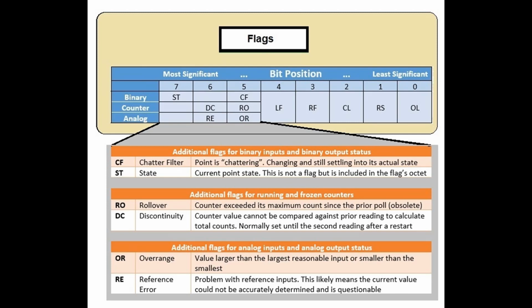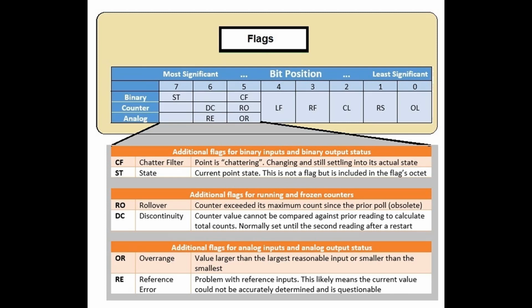Normally, a master would not process a point that was returned with this flag set. It's an indication to wait until next time and then see what the state is. The most significant bit in the flags byte is the state, the current point state, and this is not a flag at all, but is included in the flag object since there is room.